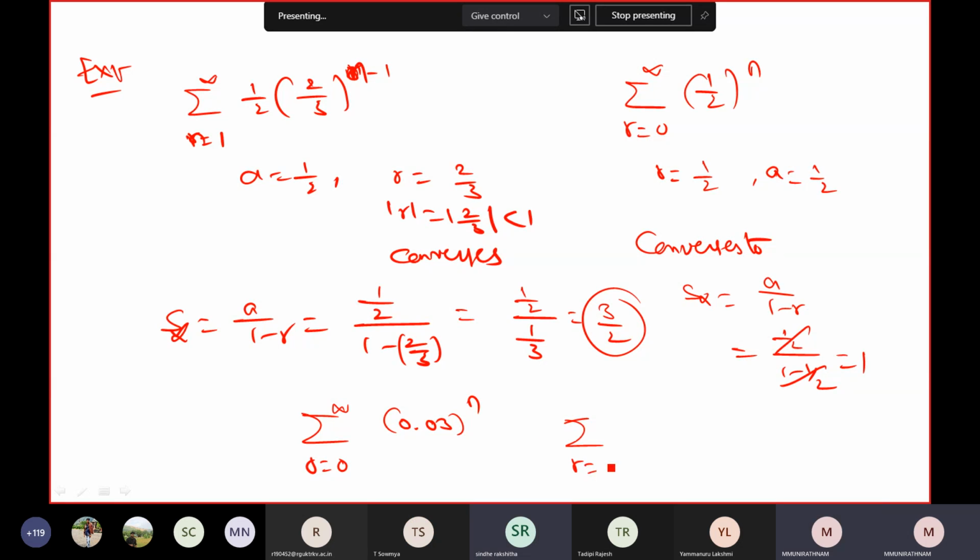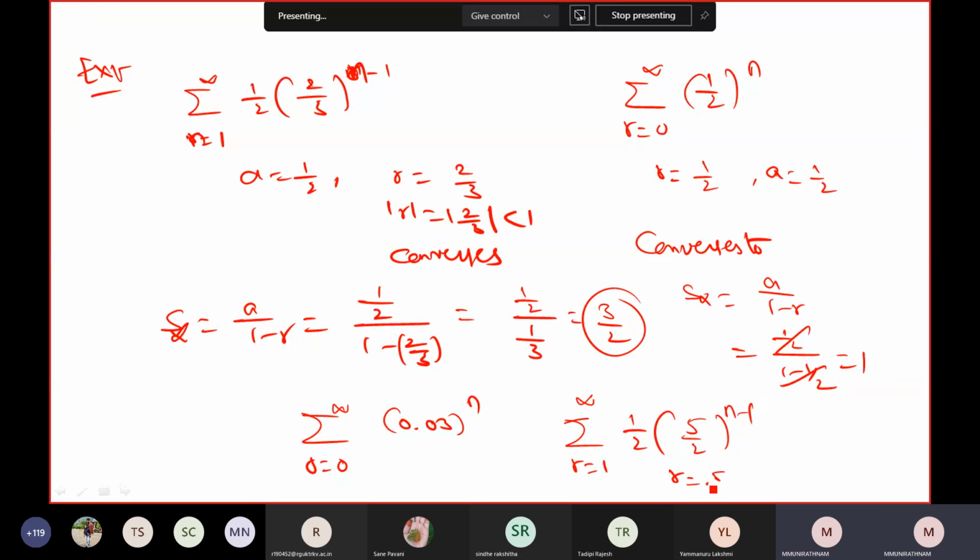Summation r equal to 1 to infinity 1 by 2 into 5 by 2 whole power n minus 1. Does it converge or not? Diverges, sir.